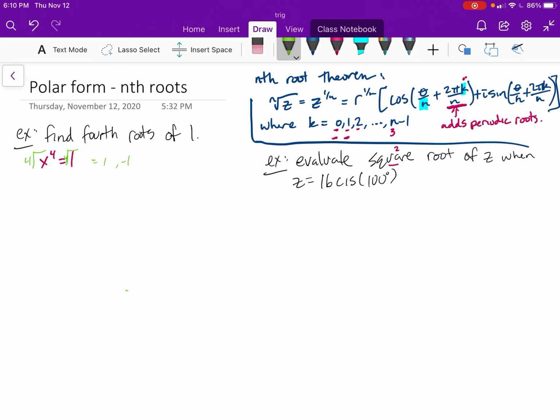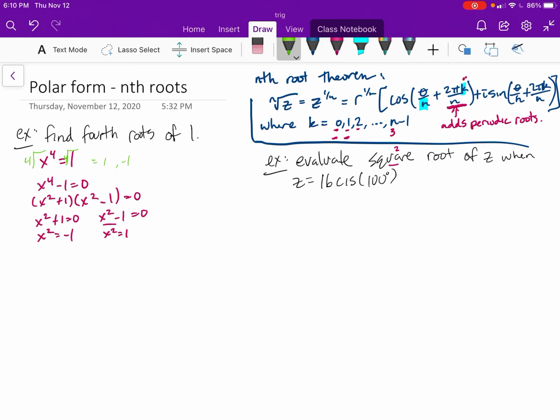So let's take a different approach. If we were to say x to the fourth minus 1 equals 0, subtract 1 on both sides, and factor: x squared plus 1 times x squared minus 1. Now set each factor equal to 0. We could factor this right side again, x plus 1, x minus 1, but it's all right, we'll solve them both the same.